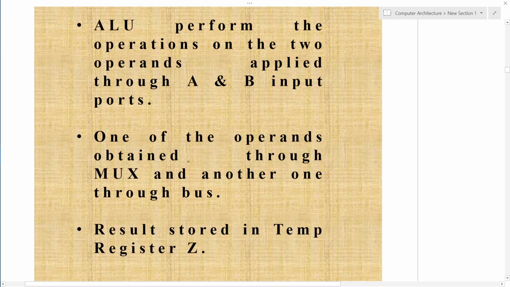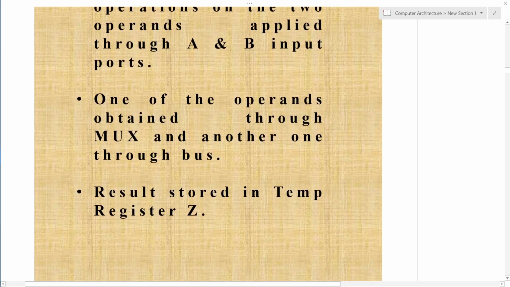One of the operands is obtained through the multiplexer, and the result is stored back to the temporary register Temp, that is your Z register. So when we write to Z, it is written with the help of Z in, and when we take the result back to some destination location, we use the control signal Z out.